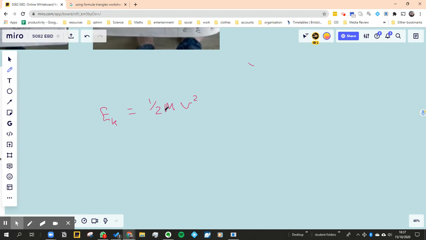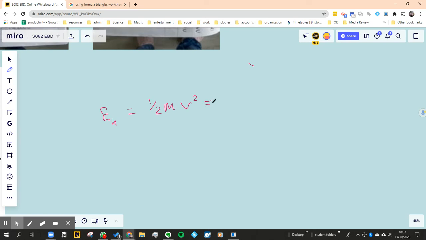What it means is half, well, you can explain it in a number of ways, but one way is half of the mass multiplied by the square of the velocity. The square of the velocity just means velocity times velocity.